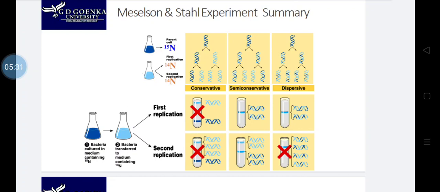In the second experiment, they did the restricted growth of the cells.